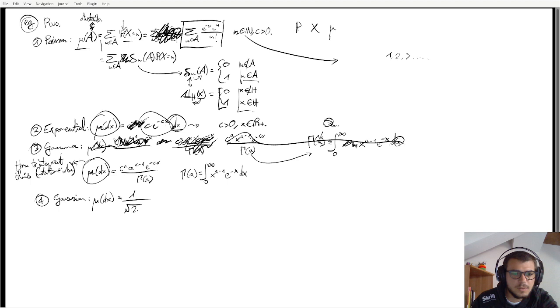It's 1 over square root of 2 pi b, exponential of minus 1 over 2, x minus mu, let's call it a over b, dx. Let me see here if this is the same.